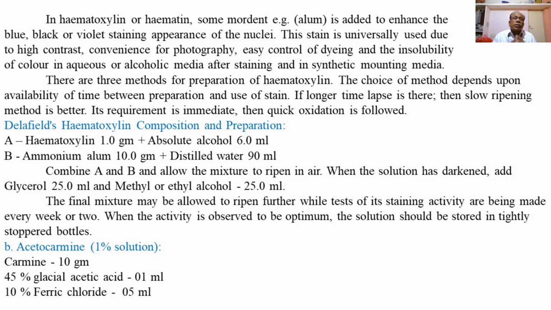Combine or mix solution A and B and allow this mixture to ripen in the air. When the solution becomes darkened, add 25 ml of glycerol or glycerin and 25 ml of methanol or ethanol. The final mixture may be allowed to ripen further while tests of its staining activity are made every week or two.